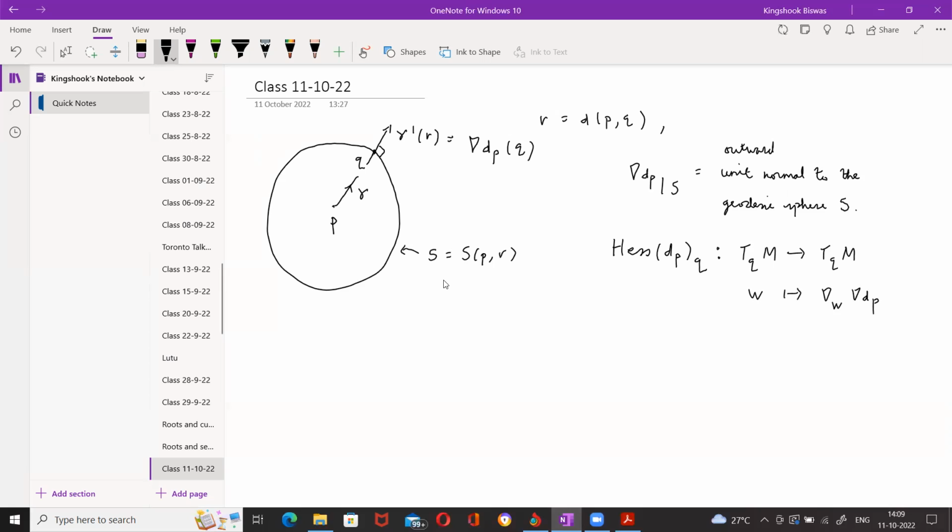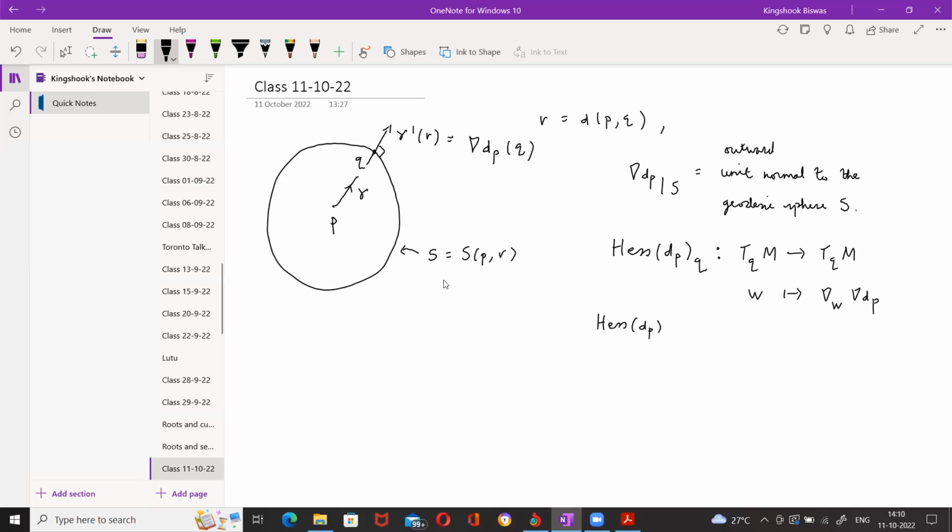This is the definition of the Hessian as a self-adjoint linear map. Now, if W is in the tangent direction of the geodesic, the covariant derivative of the gradient vector field will be 0, because restricted to the geodesic it is just gamma prime, so this becomes nabla gamma prime, which is 0 because gamma is a geodesic.